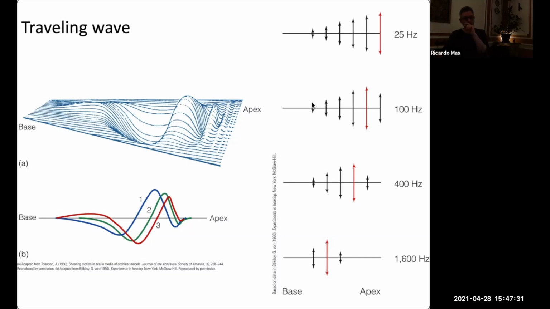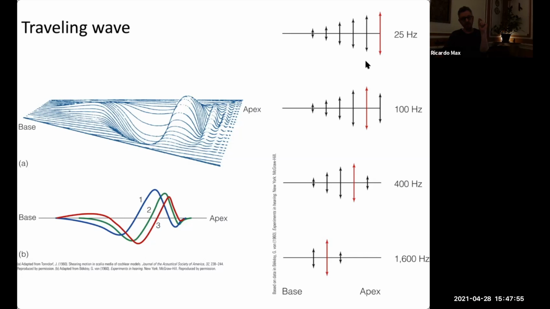Stop me, any questions, stop me, or write in if I don't see in the chat, interrupt me. Okay, so the higher the frequency, a different part of the basilar membrane reaches its highest amplitude. As we can see here, the higher the frequency, the highest amplitude is closer to the base.